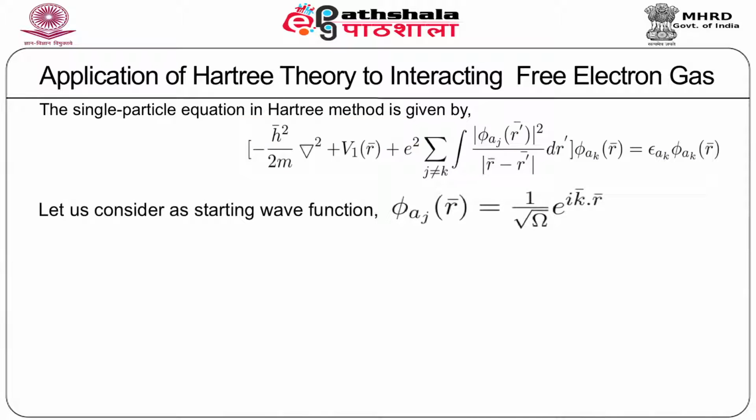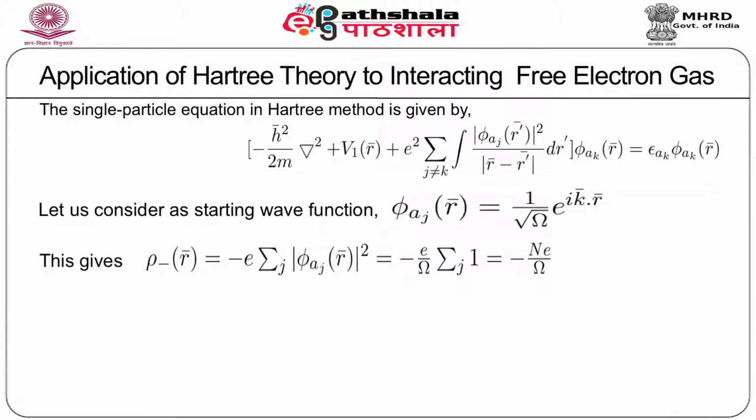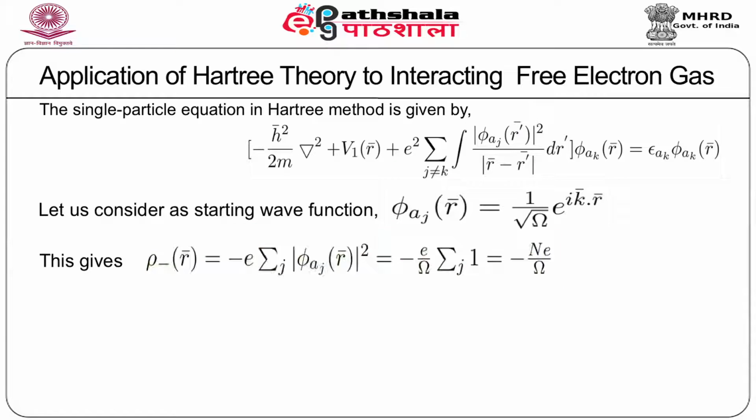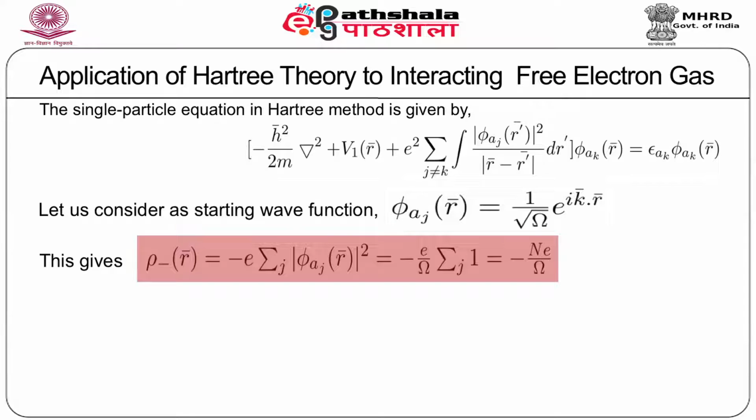Let us consider as starting wave function the free electron wave function, which is given by the following form: 1 divided by square root of omega, where omega is the volume, e to the power i k dot r, as shown here. This gives the charge density rho r equal to minus e times summation over j modulus phi Aj square, which is equal to minus e over omega summation over j times 1, and since there are n number of electrons, this would give minus n times e divided by omega.